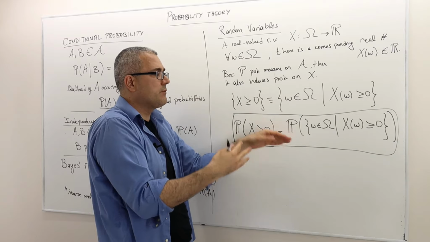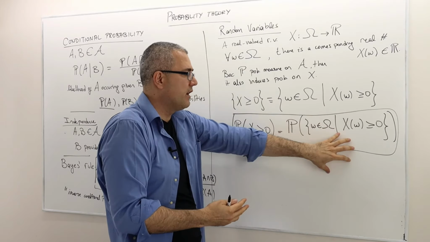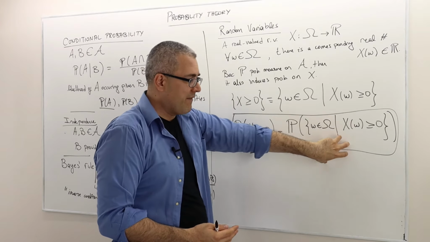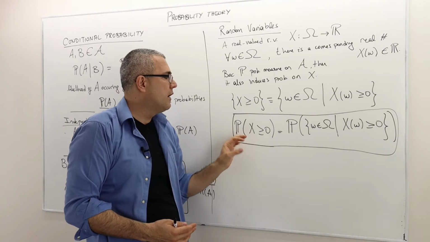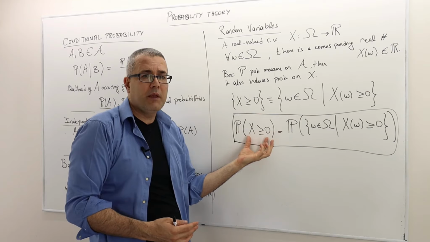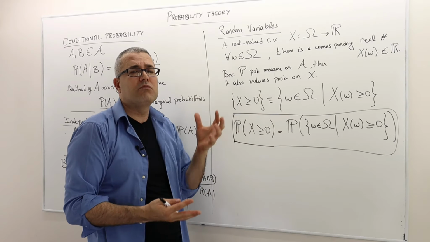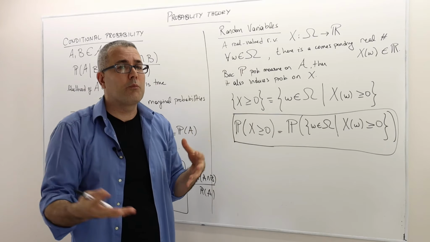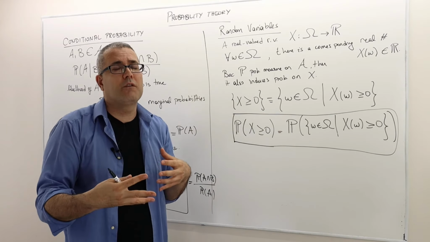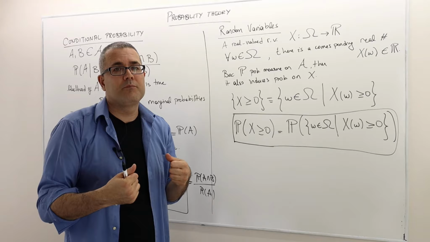It tells me the probability of that event, which is therefore equivalent to the probability of my random variable being non-negative. This is how we relate probability on a random variable to our probability measure over the set of events.